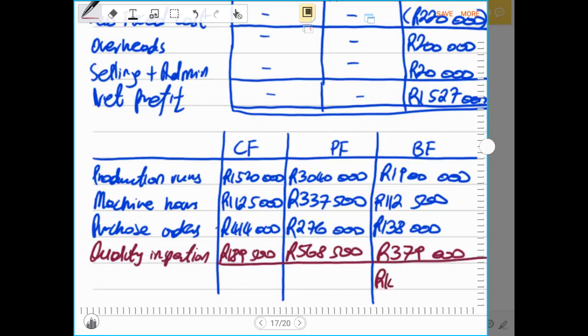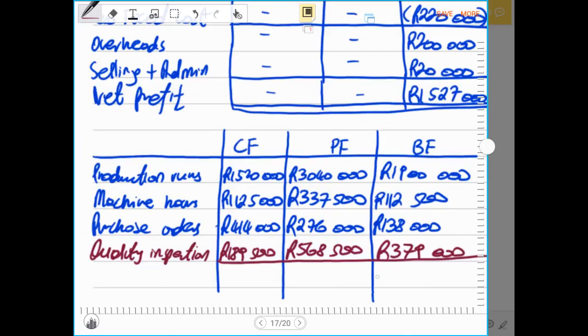The total will have to be 10 million at the end of the day, the amount that we were allocating. I did not provide the total column, but if there was a total column, then the total will have to be 10 million.